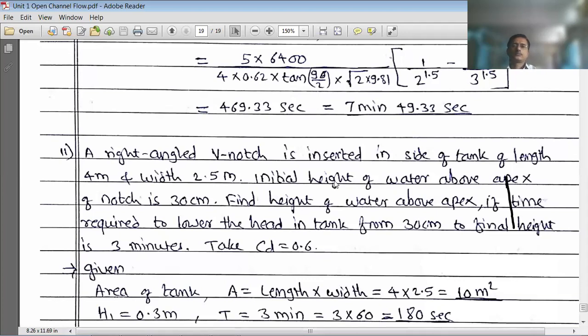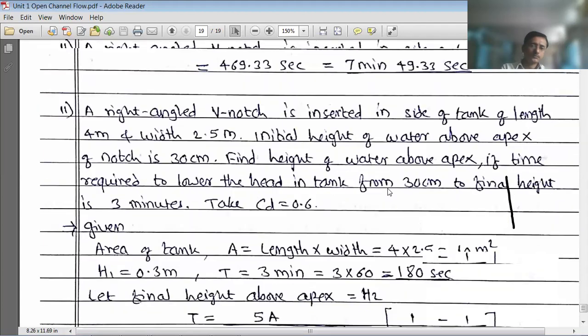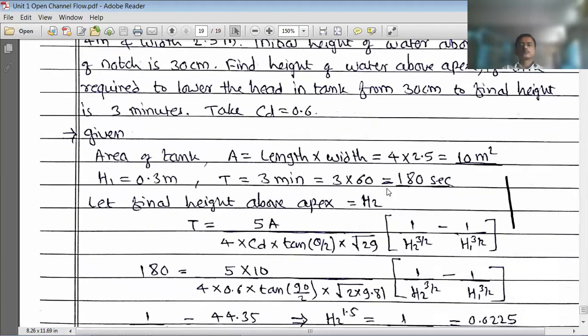Yes. Has anyone got the answer? This is the last problem here.